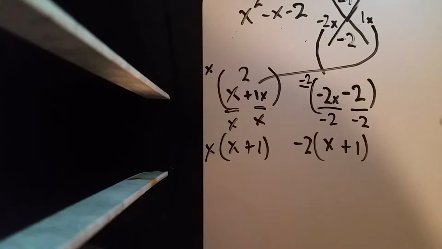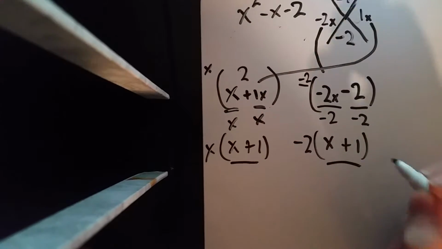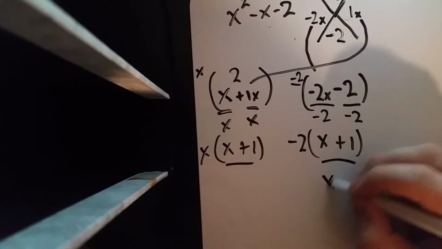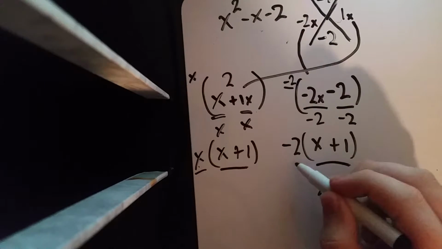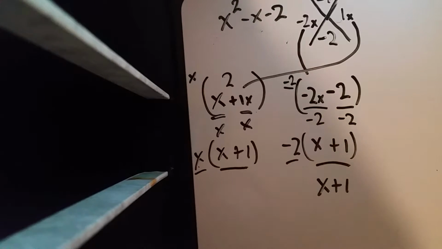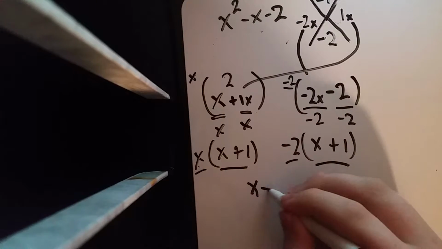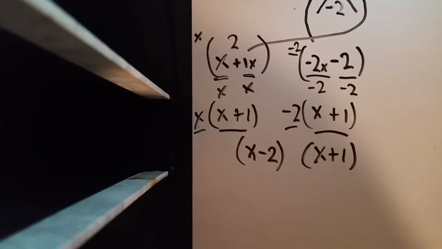Here's where we find our actual factors. If these two expressions equal the same, then you did it right. That's one of our factors. And then the other factor is those two terms added together. So x minus 2, x plus 1.